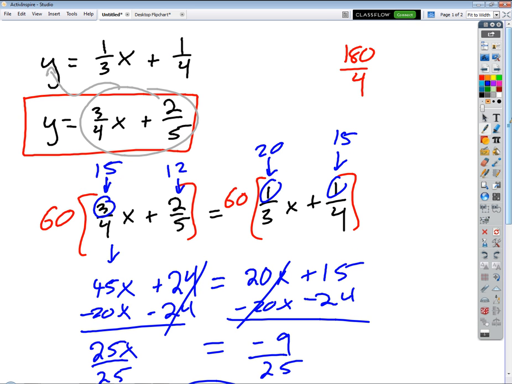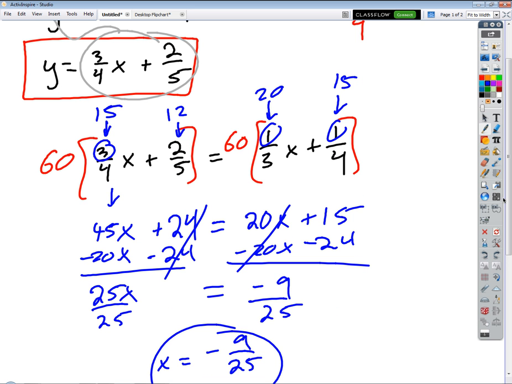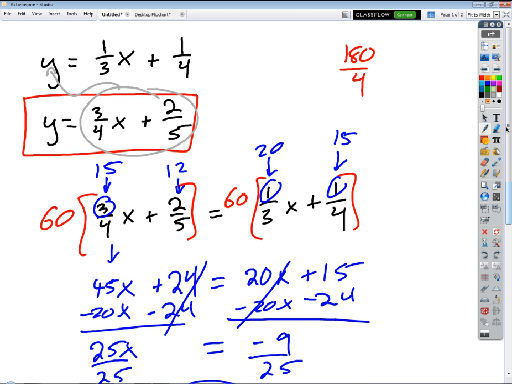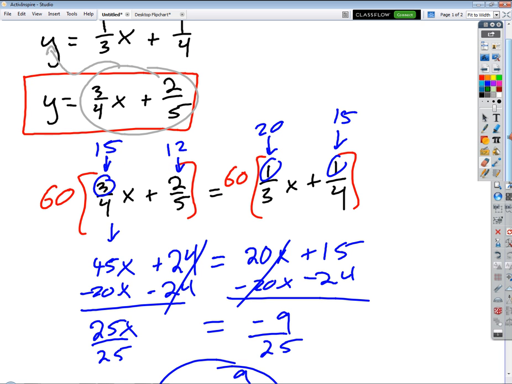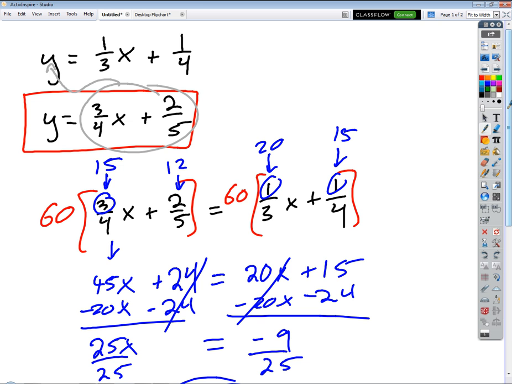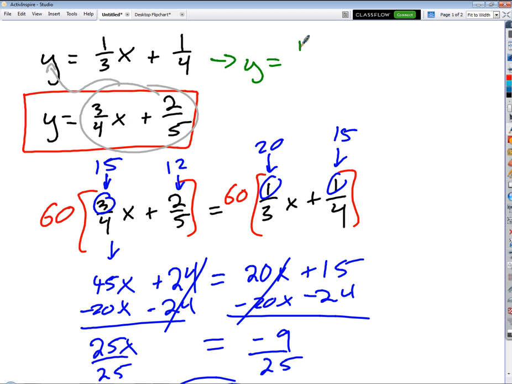If I wanted to find my y answer, all I've got to do is plug that in. And yes, I am going to have to battle a few fractions when I figure out what y is, but it's not terrible. If I plug this into, let's say, the top equation, I'm going to get y equals 1/3 times negative 9/25 plus 1/4.